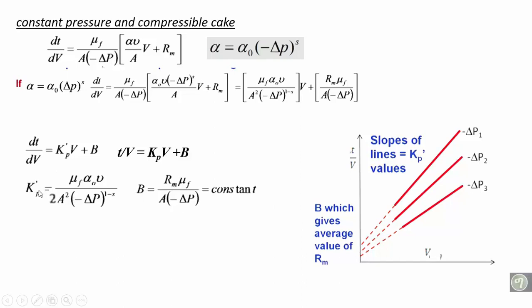From this Kp, alpha naught and the compressibility coefficient can be determined, and from the intercept, you can determine the filter medium resistance. So you will have different Kp values for different delta P's.